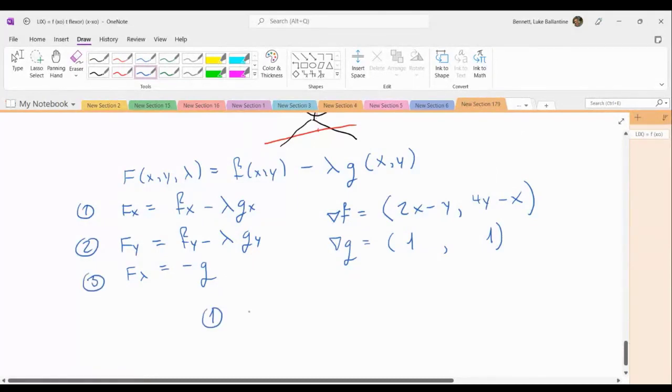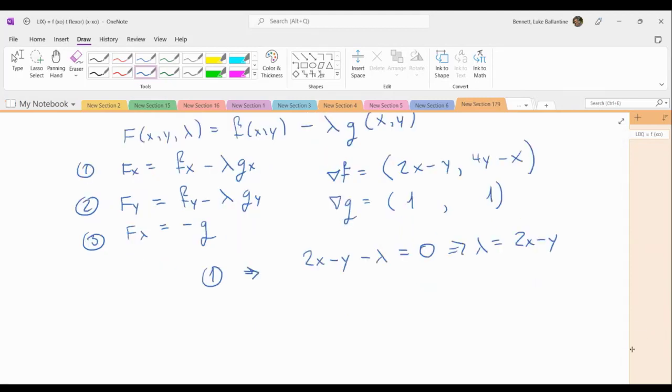So 1 means that 2x minus y minus lambda, you set these equal to 0. So this means that lambda is 2x minus y.